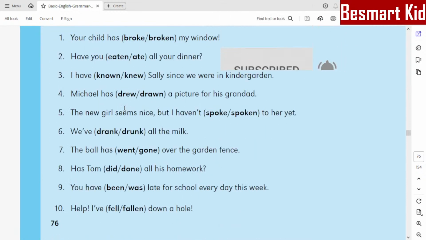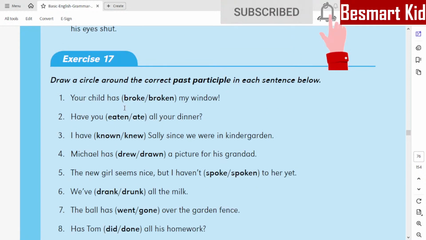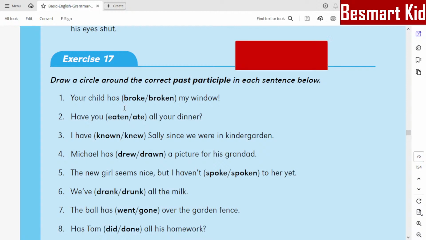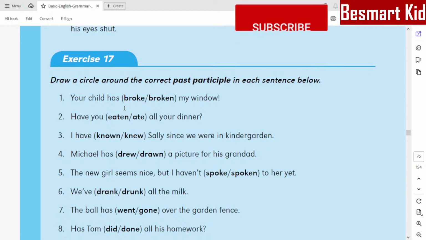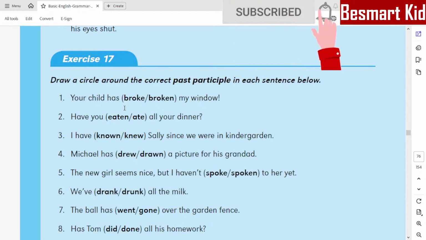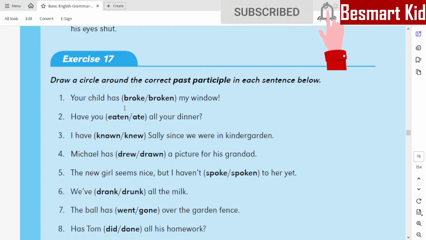Exercise 17. Draw a circle around the correct past participle in each sentence below. Your child has broken my window. Have you eaten all your dinner?